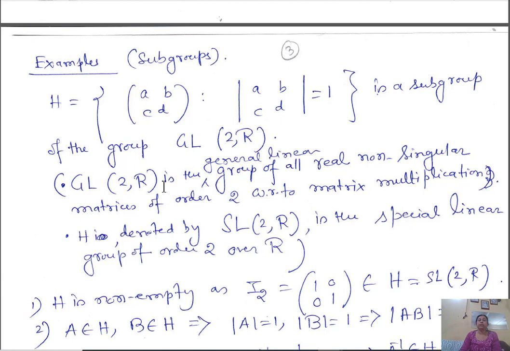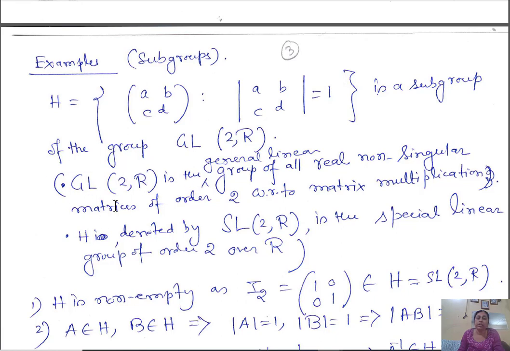Here R stands for real, and all non-singular 2 cross 2 matrices, with matrix multiplication as your operation, form the general linear group of real non-singular matrices of order 2.